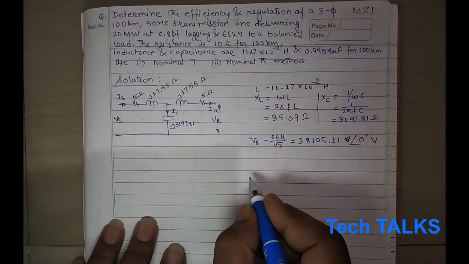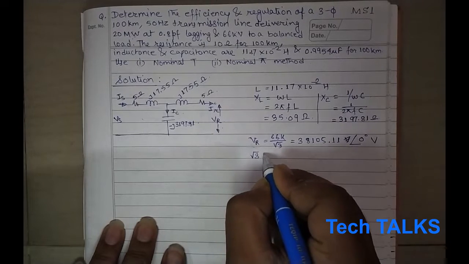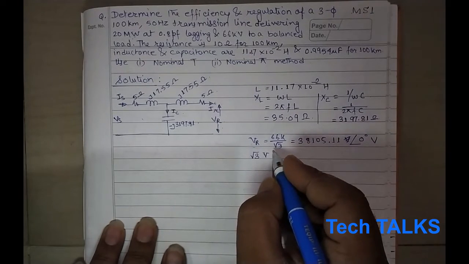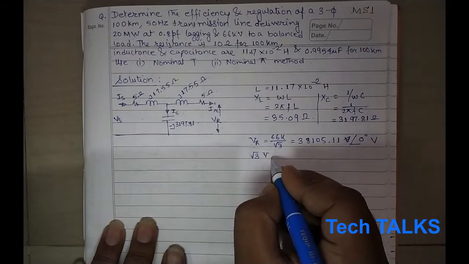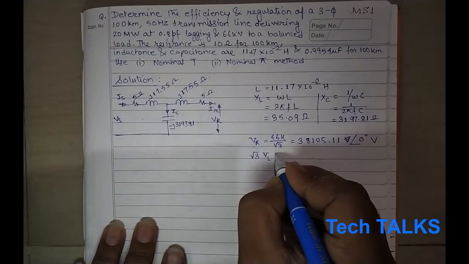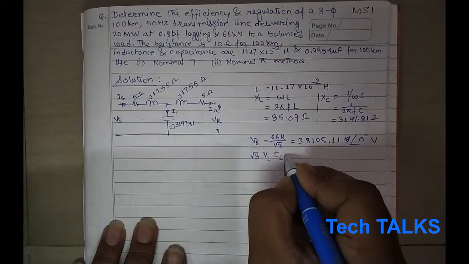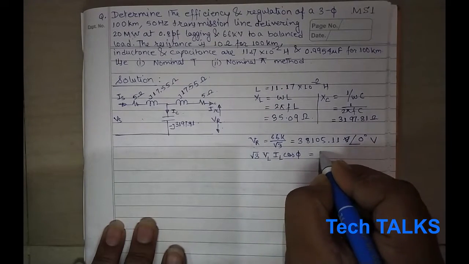So how will we find IR? Root 3 VL IL cos phi is equal to power.